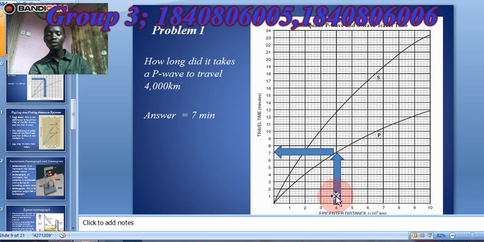So quickly we go to where 4,000 kilometers is here. We extend an arrow that touches the P wave curve.